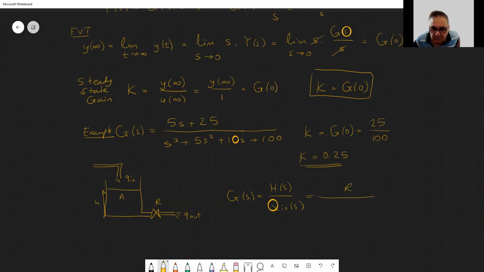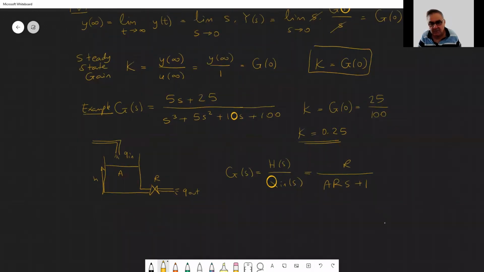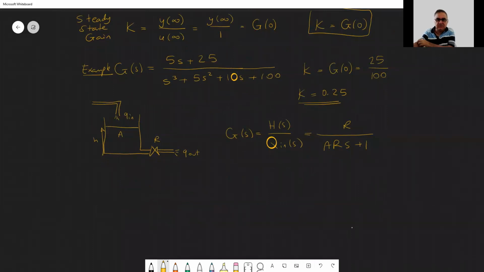It is R over ARS plus 1. This is the transfer function of this system. As you see, for this system, the DC gain or the steady state gain K is equal to G of 0, which is equal to R. So when you have a unit value increase in the Q in, the height increase is proportional to R.